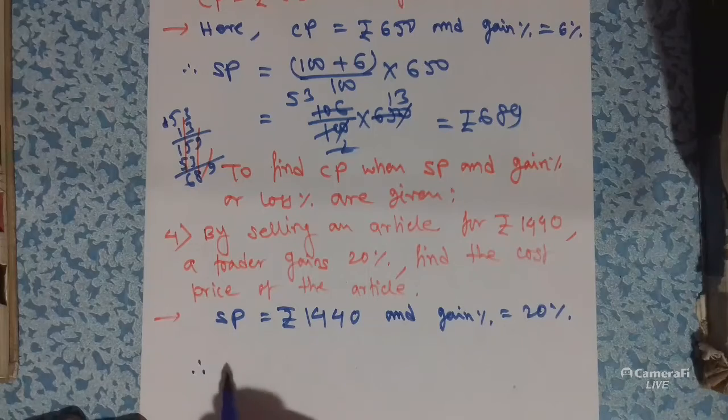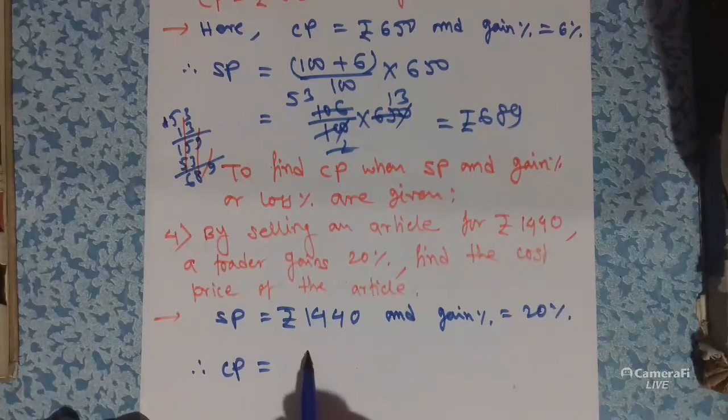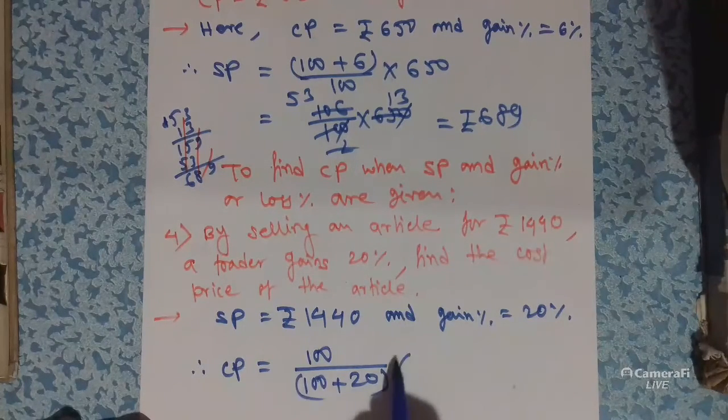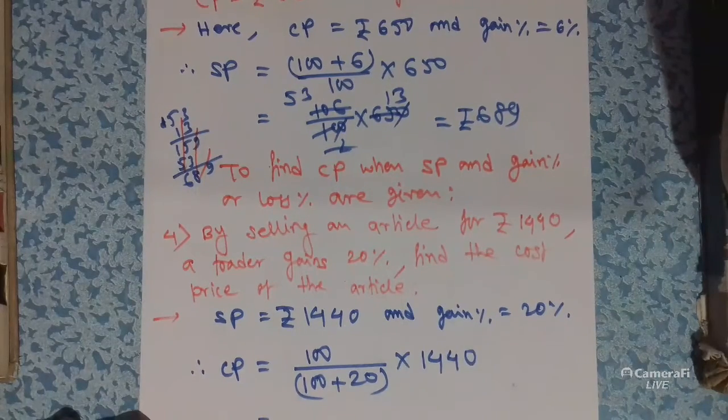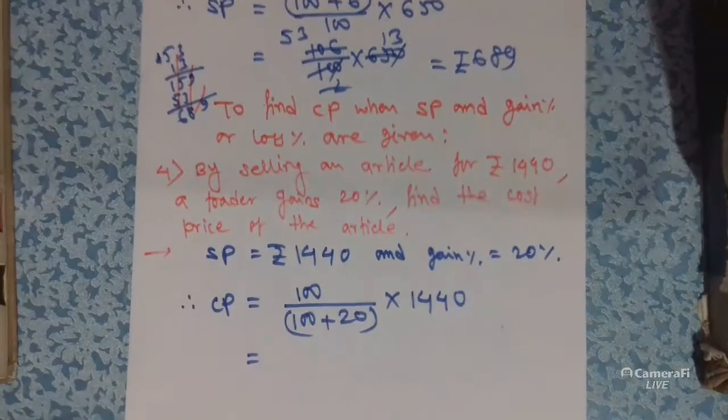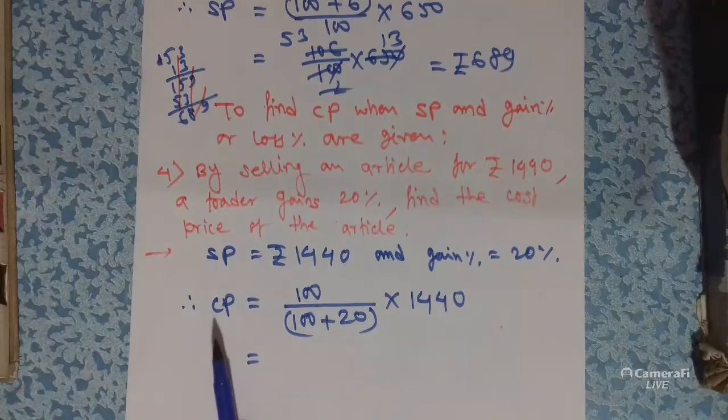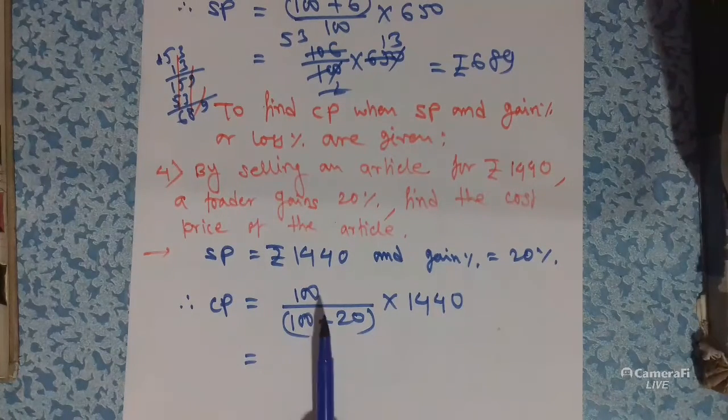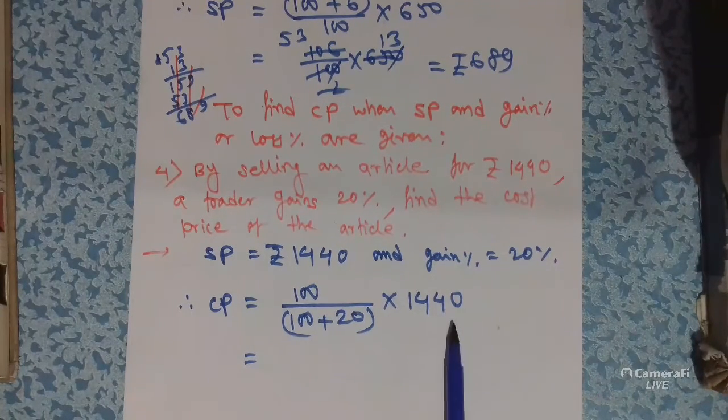So cost price is equal to 100 by 100 plus gain percent multiply selling price. Okay students, I repeat once again that to find cost price we must use this formula, 100 by 100 plus gain percent multiply selling price.